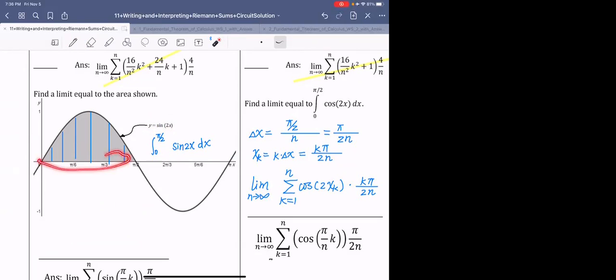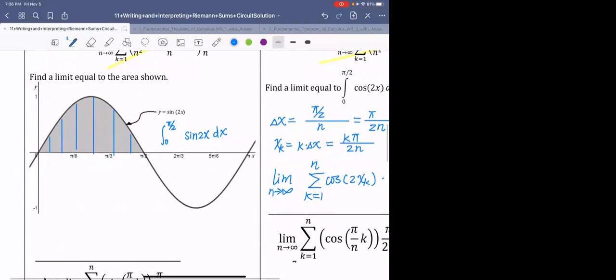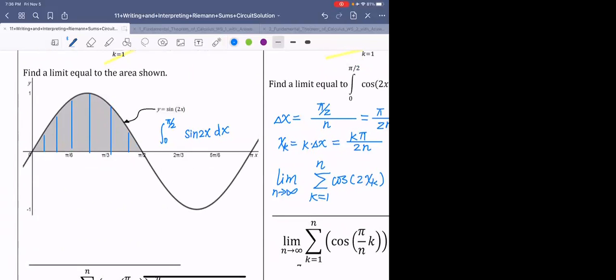Let's see how much is our delta x. Now we want to express this one. They didn't show this, but everybody has to know how to write down the area under this curve from 0 to pi over 2. That's your function y. So you put here, okay? Now let's go ahead.